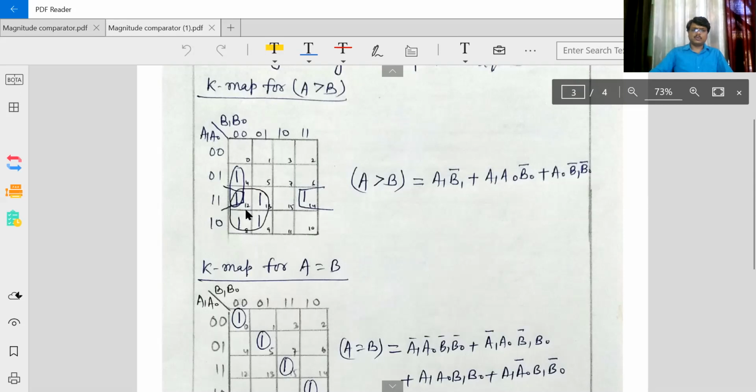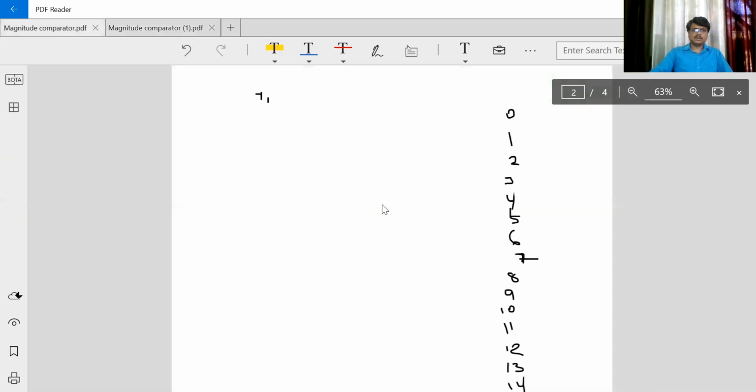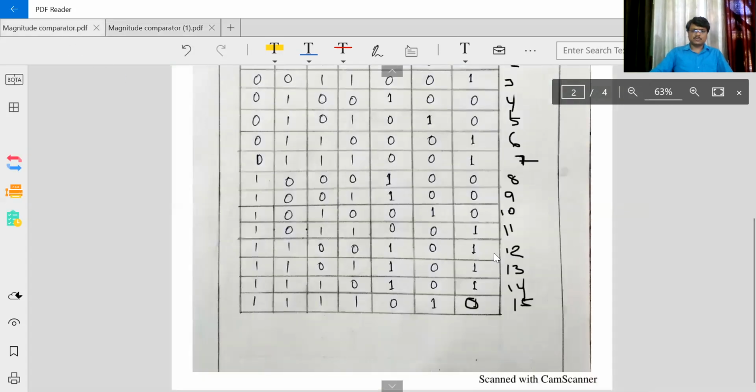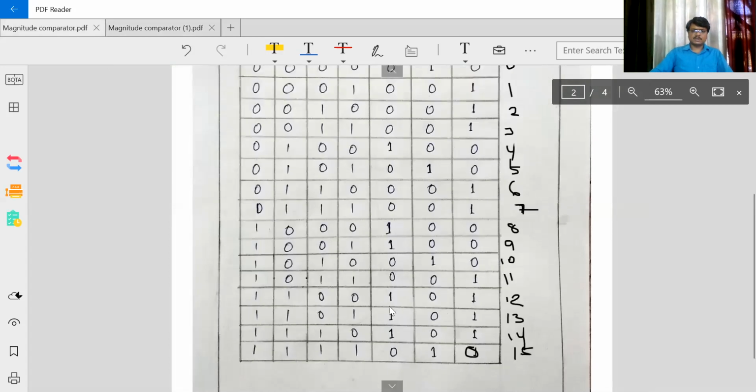And now 12, 13 and 14 are 1. Let us see, is that the case or not. A is greater than B, so this one, 12, 13 and 14. Okay, so this is the possibility.